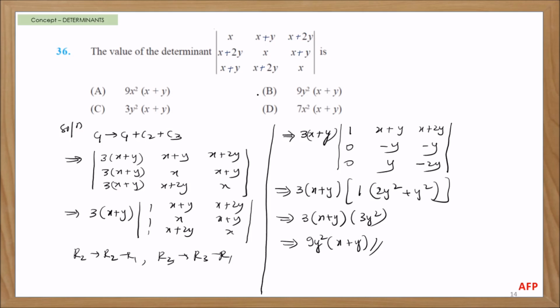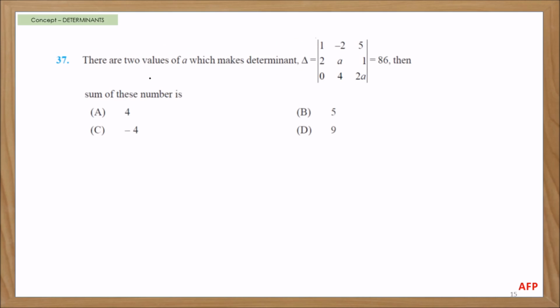Okay, B is the option. Here we have minus 1, here we have minus 1, so we'll go for expansion. Okay, 1 as it is.